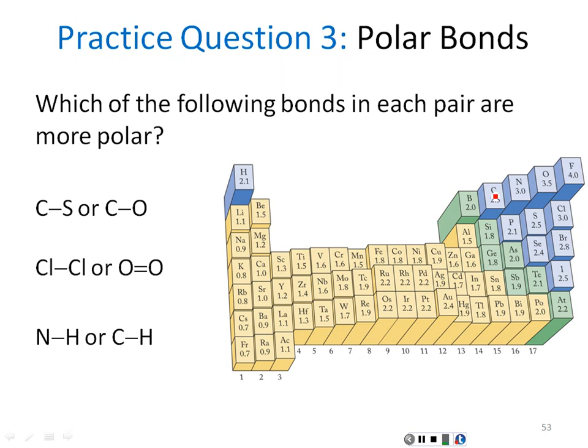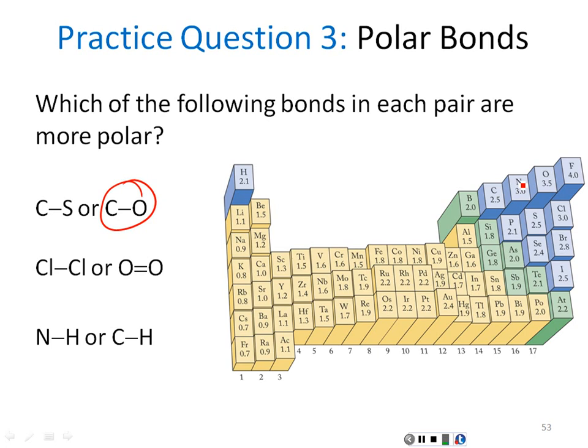Well, carbon and sulfur have the same electronegativities, so they're not going to be polar at all. Oxygen is much more electronegative than carbon, so that's going to form the more polar bond. But even without being given those values, we could choose CO over CS because oxygen is higher in the group than sulfur, so it has a higher electronegativity than sulfur.